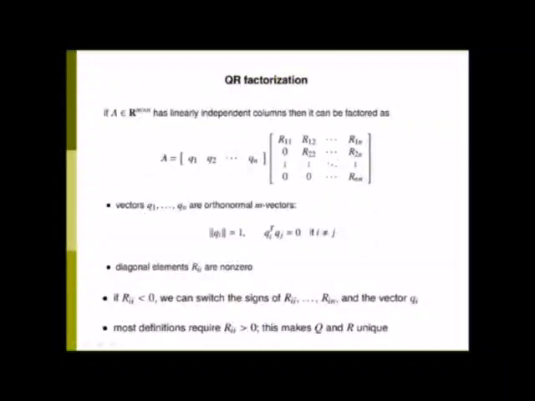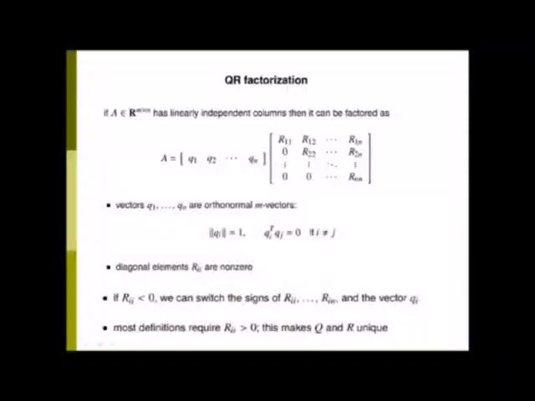Now the QR factorization: if A belongs to R raised to m into n and has linearly independent columns, then it can be factorized as A equal to [q1, q2 up to qn] times the upper triangular matrix R with entries R11, R12, up to R1n, R22 to R2n up to Rnn. Vectors q1 to qn are orthonormal m-vectors, that is qi transpose qi equal to 1, and qi transpose qj equal to 0.